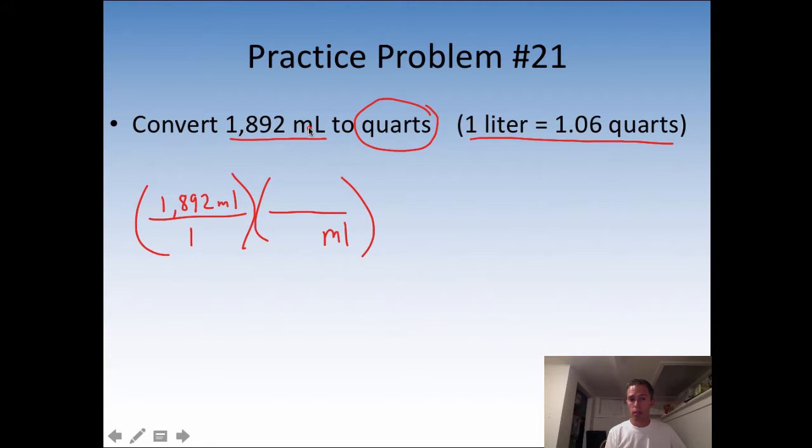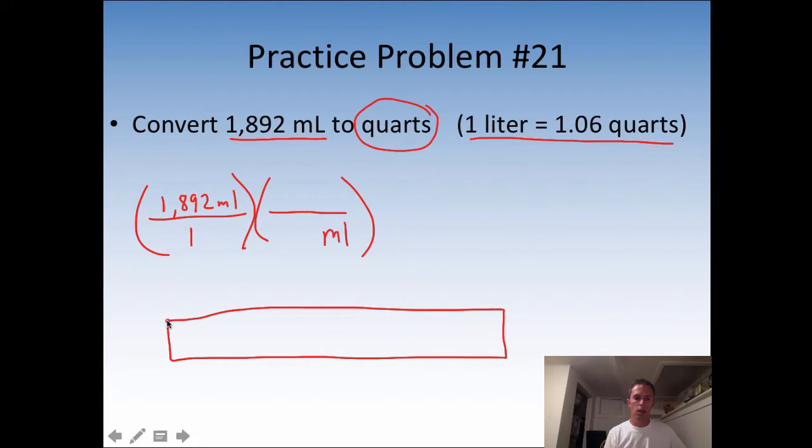We have milliliters, so we need to convert that to liters. I'm going to draw the metric system boxes, and the mnemonic: king henry died by drinking chocolate milk. The base unit is the meter, the liter, and the gram.